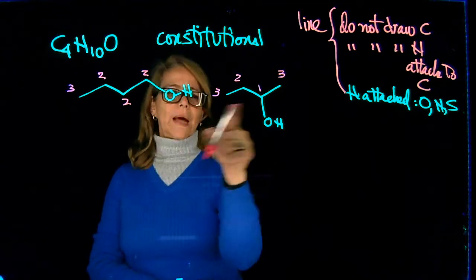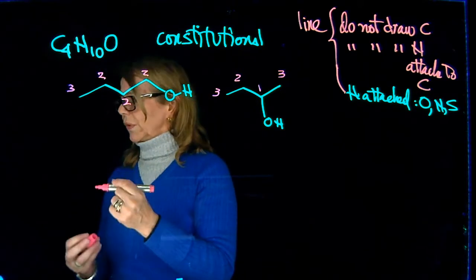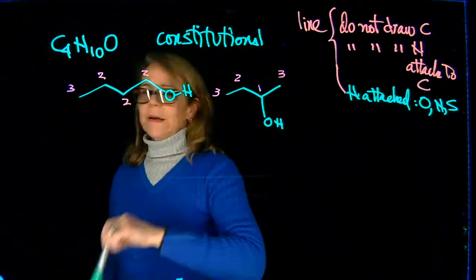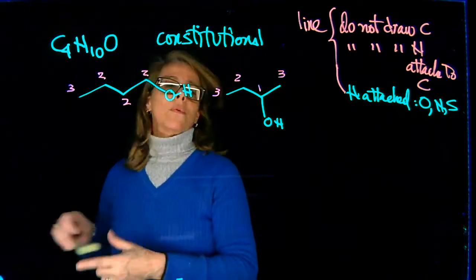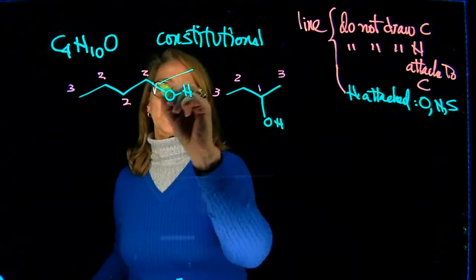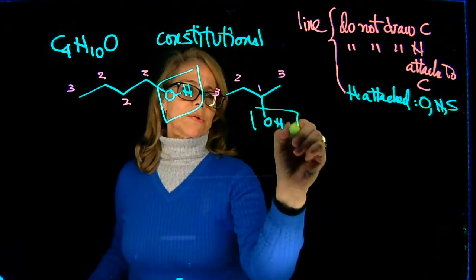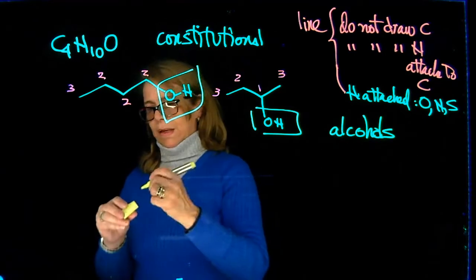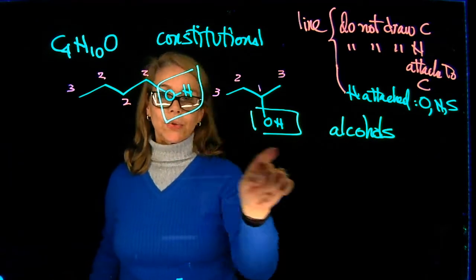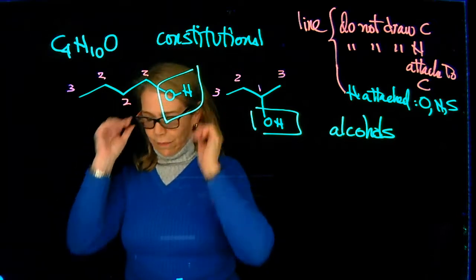I can add those up, and it goes to the same molecular formula, right? So these 2 also have something in common, which is their functional group. These 2 are alcohols, and they have that OH, and they can do hydrogen bonding as we showed before.